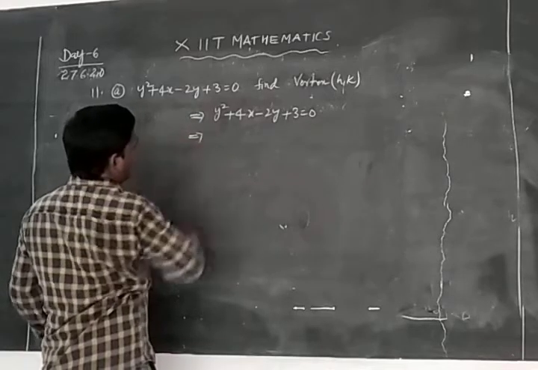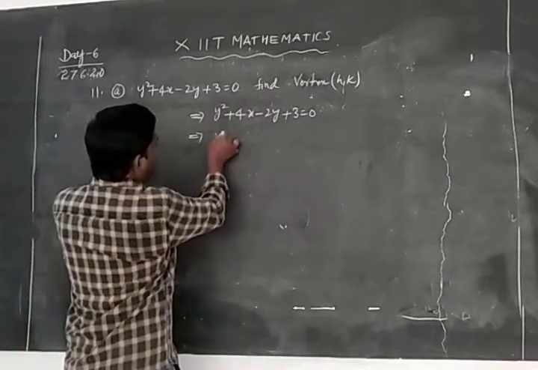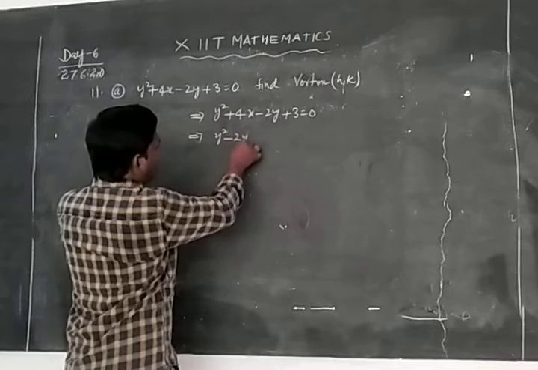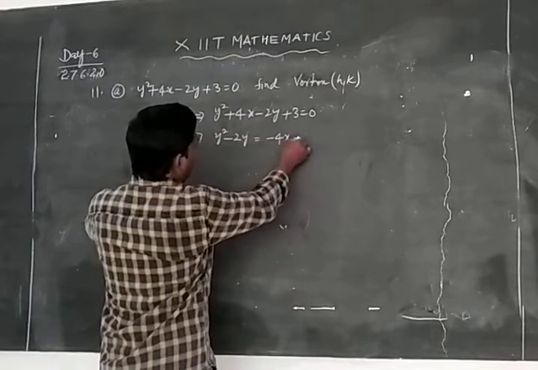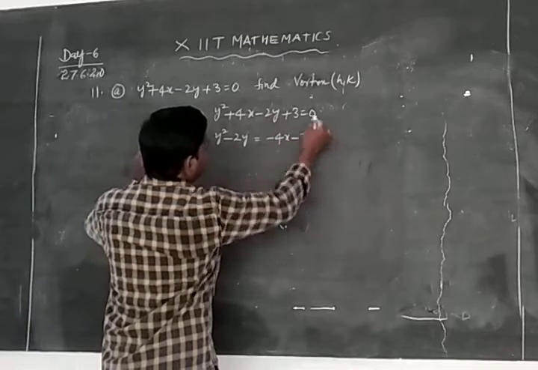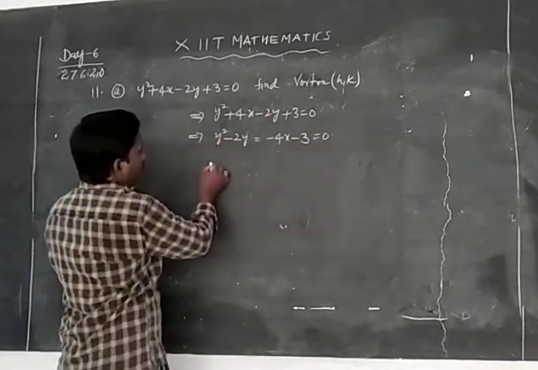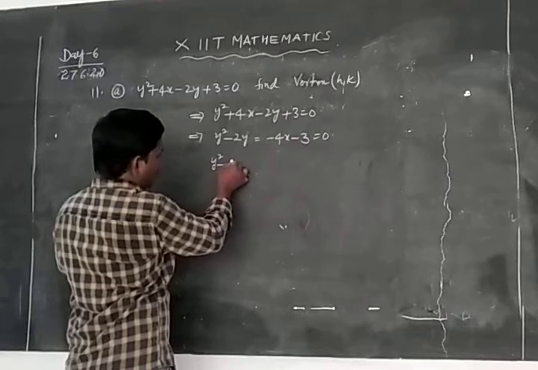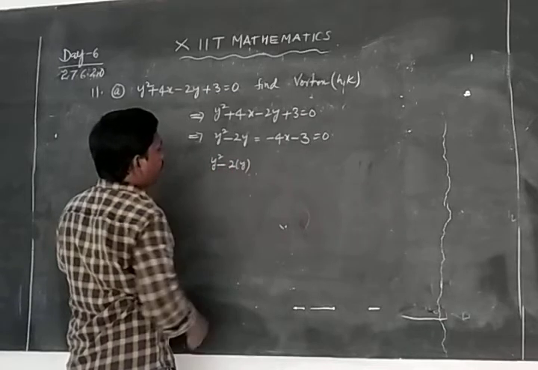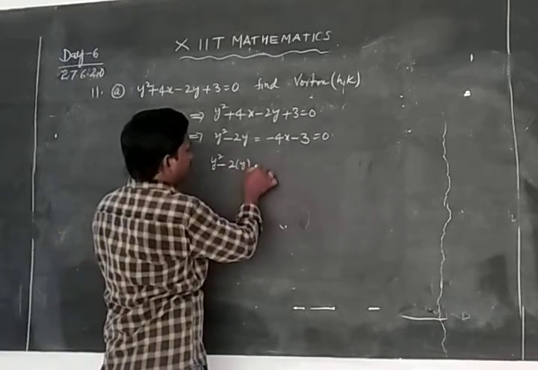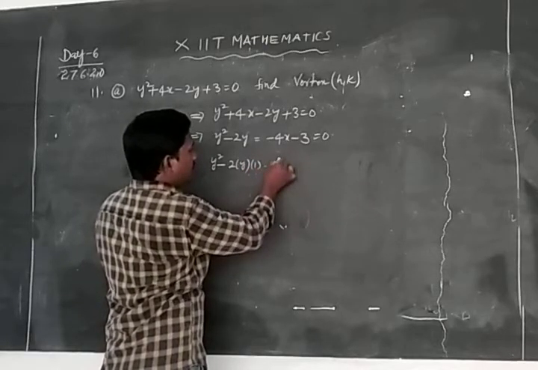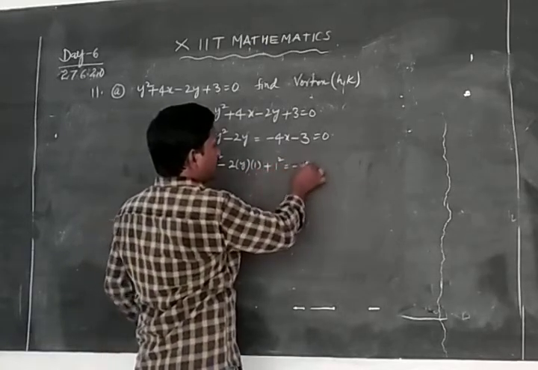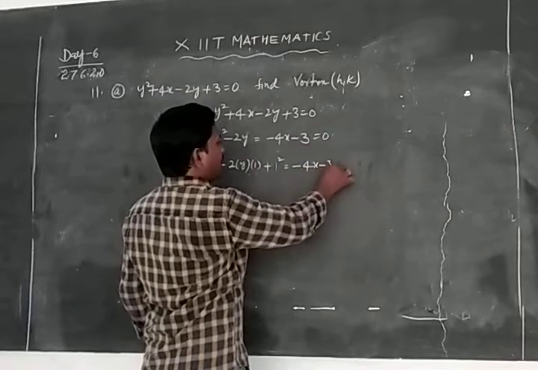Take the rearrangement: y square minus 2y equal to minus 4x minus 3. Y square minus 2ab plus b square, add 1 square on both sides: equal to minus 4x minus 3 plus 1.